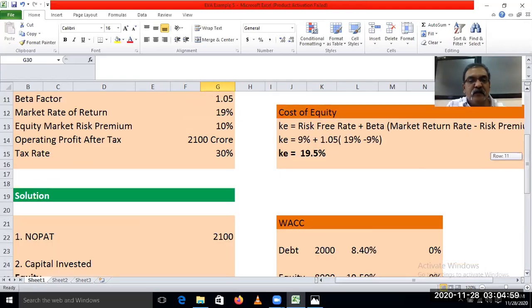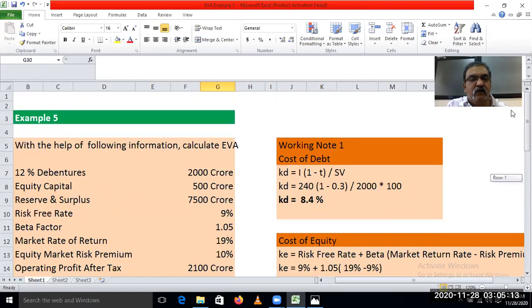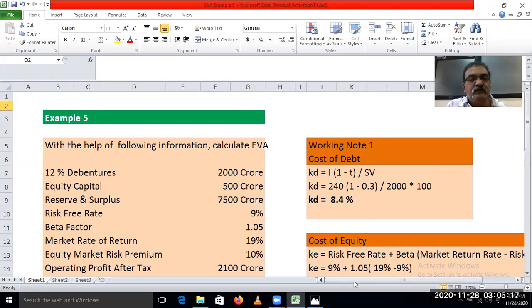Total capital is 10,000, and out of that, debentures are 2,000. So we can find out the proportion of debentures on total capital. With the help of this interest rate and the proportion of debentures on total capital, we can find out the weighted average cost of debentures.